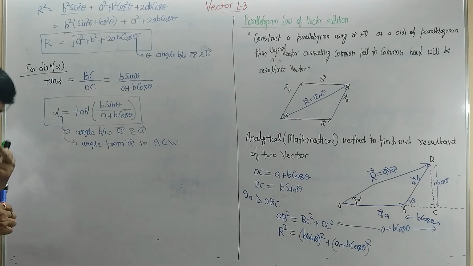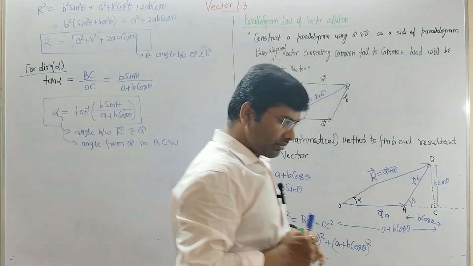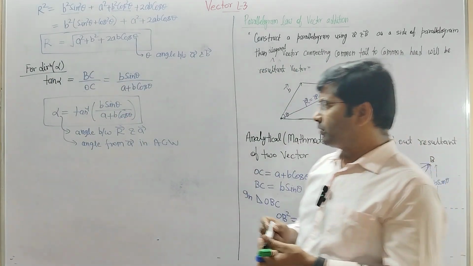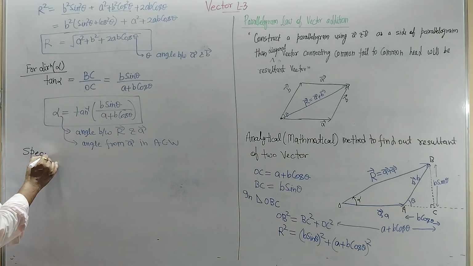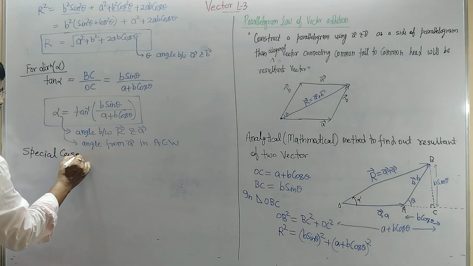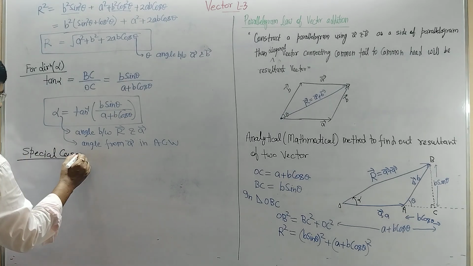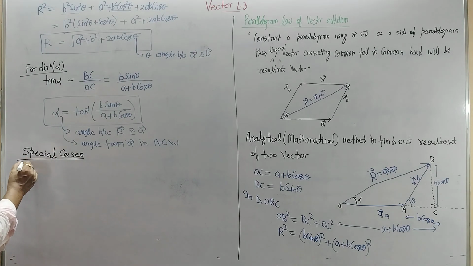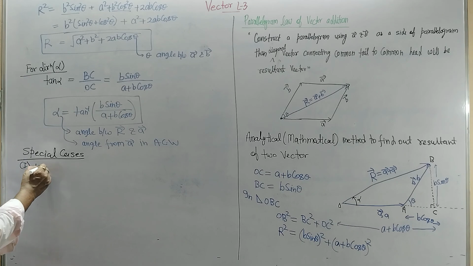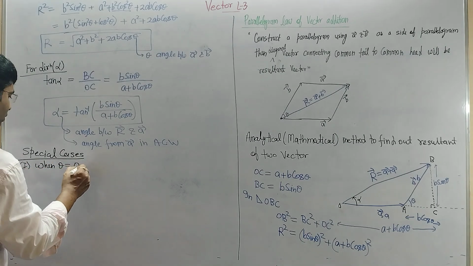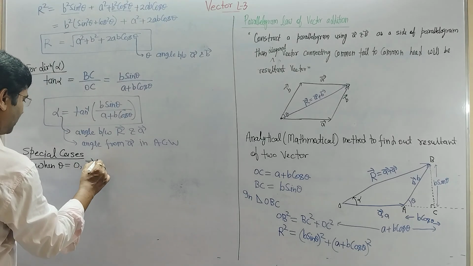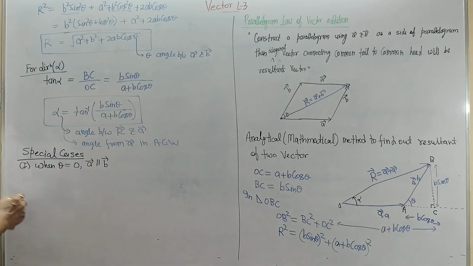Now we will see some special cases. First case, when theta is equal to 0, meaning both are parallel vectors, A and B are parallel vectors, theta 0. Then what would be the resultant?